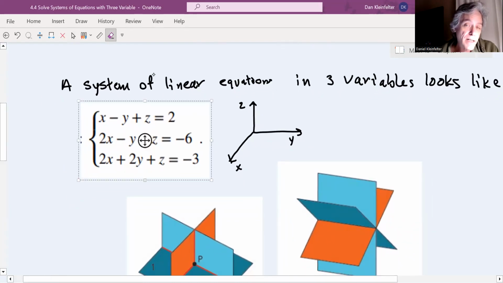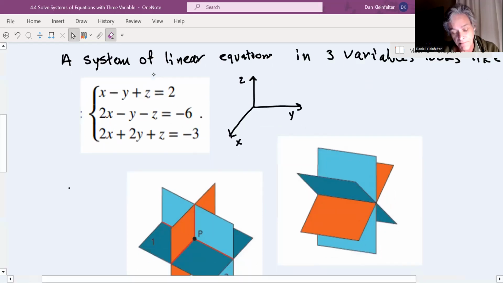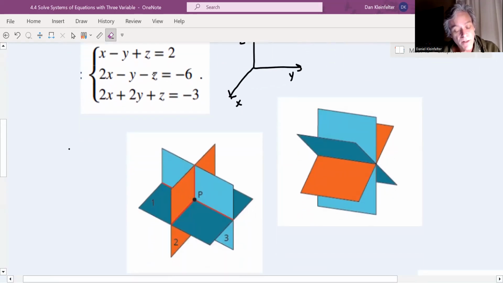Each of these linear equations in three variables, its graph is going to be a plane, like a sheet of paper or the floor of your room. And so if we're going to consider a solution to such a system, we want to think about what that might be like. A solution, if there's a unique solution to this, is going to be the point of intersection of three planes. For example, what's shown here is the point P in this graphic.